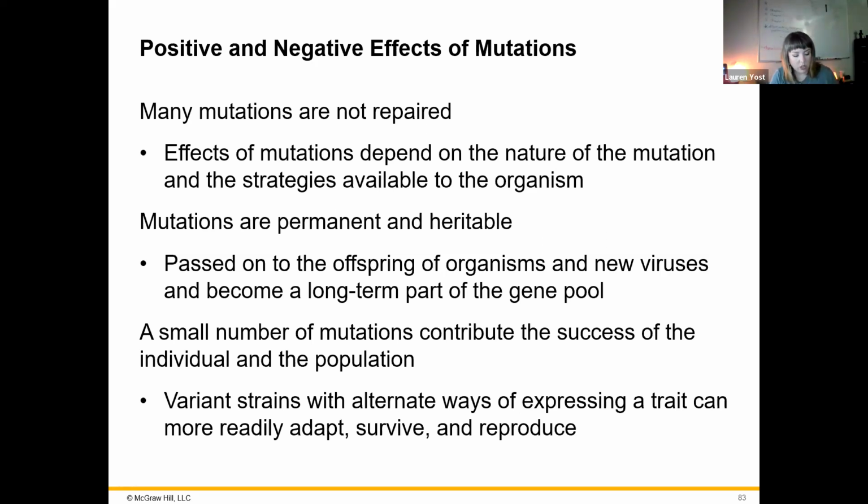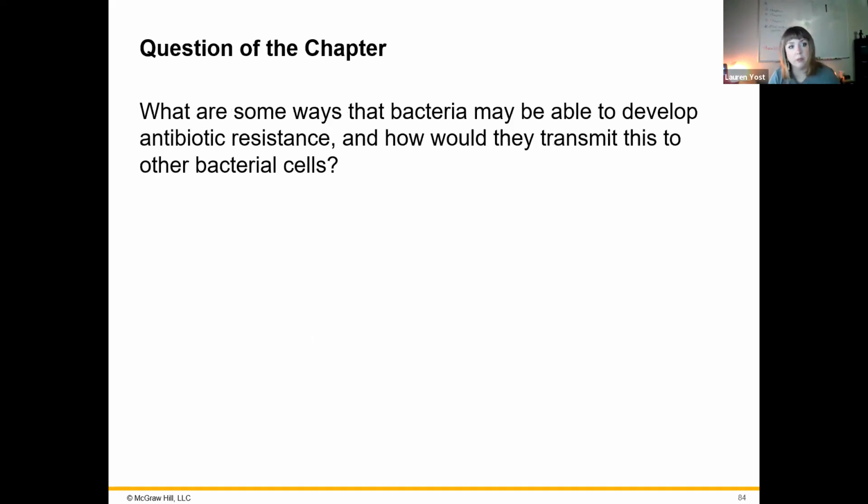And that can happen just randomly. Mutations that allow for drug resistance can happen randomly. We can also have conjugation or transformation or transduction that would allow for trade or introduction of drug resistance as well. But you give them enough time and bacteria will become resistant.